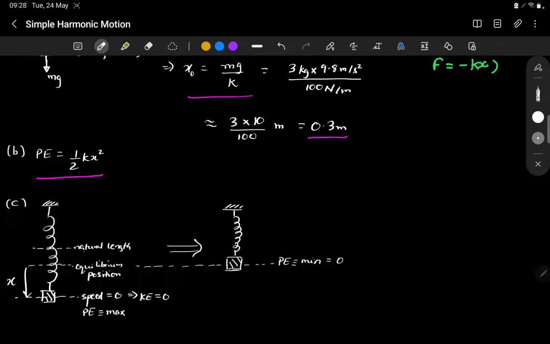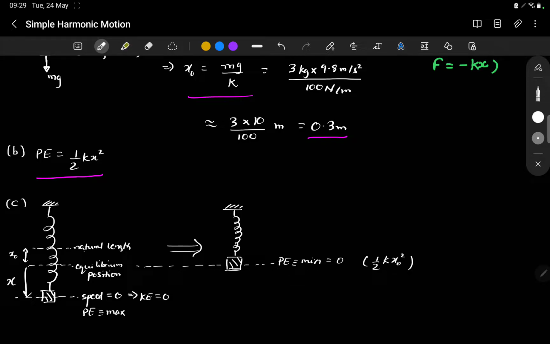Otherwise, this could also be equal to half k x naught squared, because if we set the natural length of the spring as the 0 point of the potential energy, then up to equilibrium this distance is x naught, and we will have the equilibrium position at half k x naught squared. But for simplicity, we can choose equilibrium position as the 0 point of the potential energy, then we will have this condition over here.